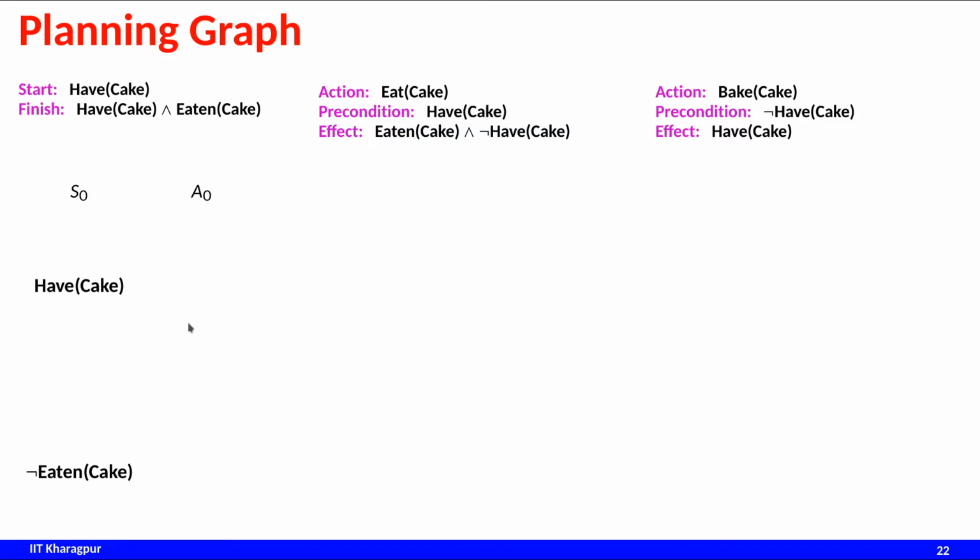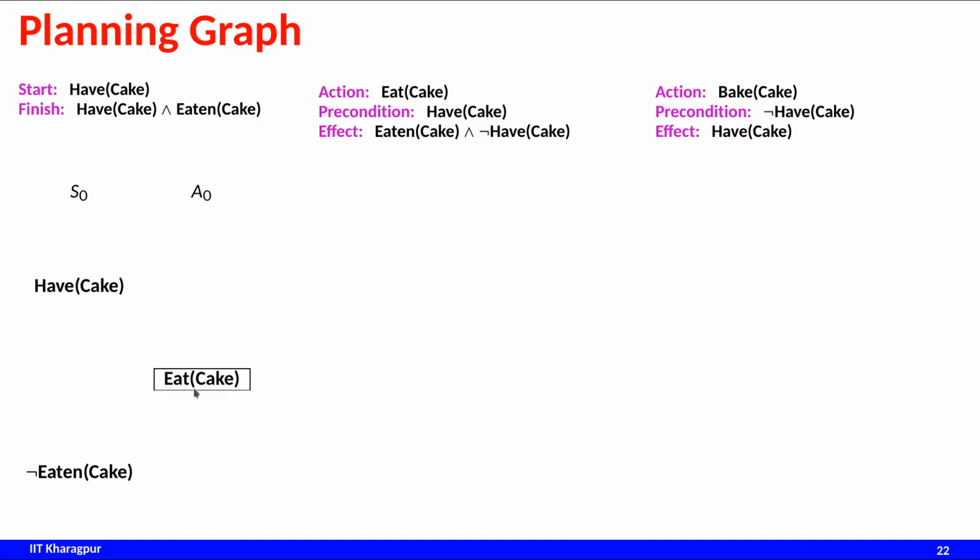For example, in the first level of actions, eat cake can be activated because it has the have cake, but bake cake I cannot apply in the level A0 because it requires not have cake, which is not true. So therefore we can only apply eat cake at the very first level of actions.